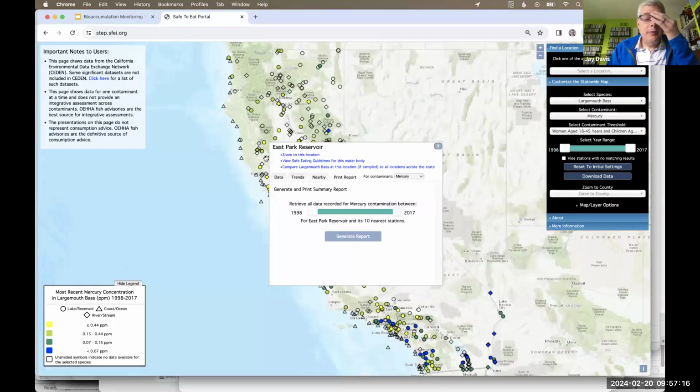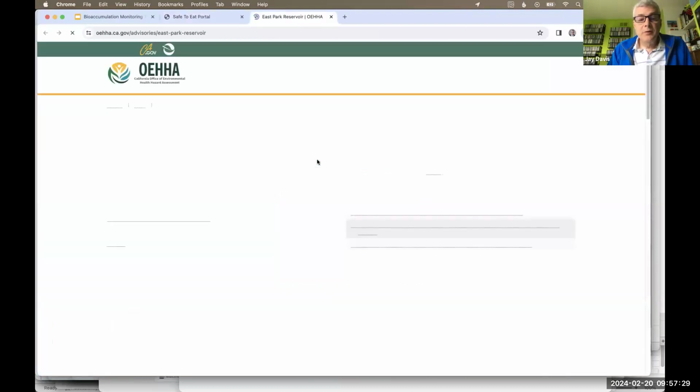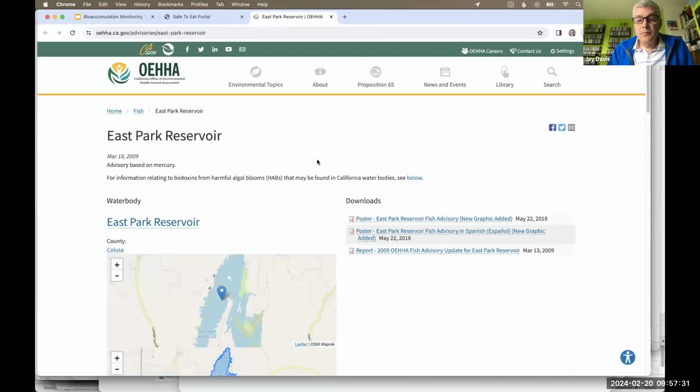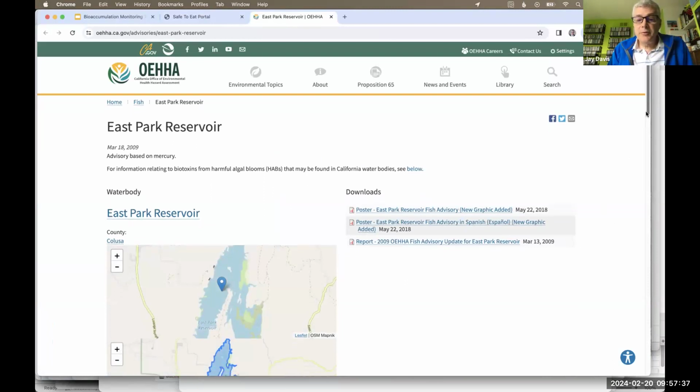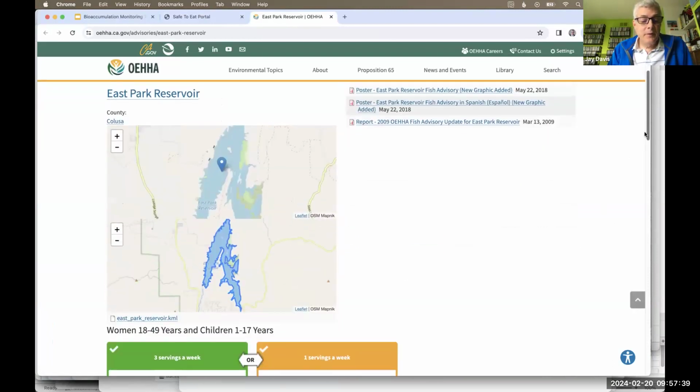And then another important thing to know about your water body, if you're starting monitoring and you're interested in advisories, is what is the advice for that water body, so you can view the safe eating guidelines. For this reservoir, there is a specific advisory for this water body.